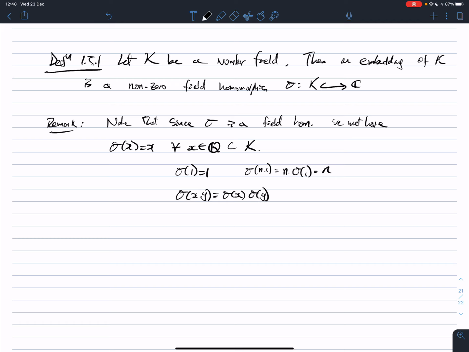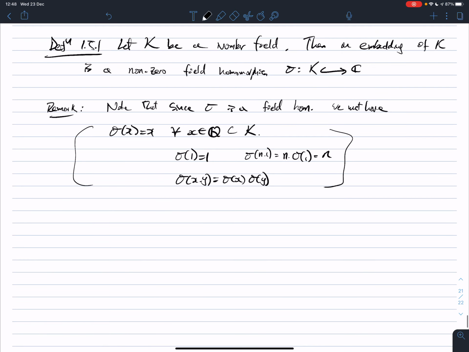So if you think of what happens to two rational numbers, this means that rational numbers have to just be fixed. Under these embeddings, the rational numbers will always be fixed. As an exercise, you can check that field embeddings are always injective.